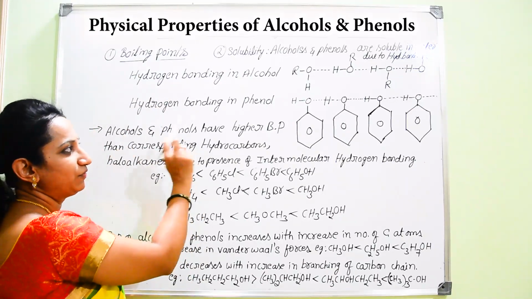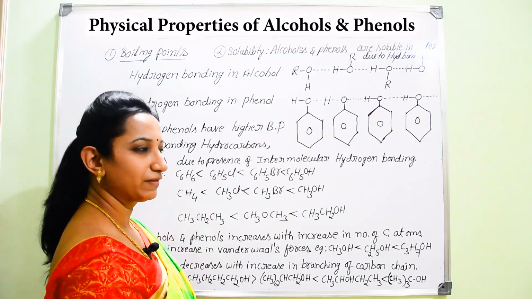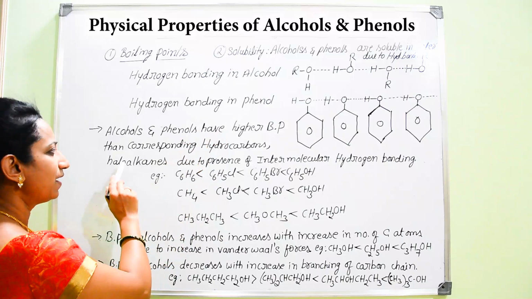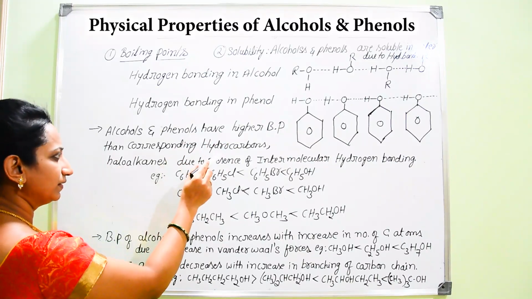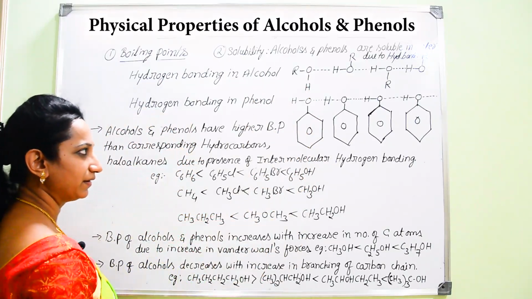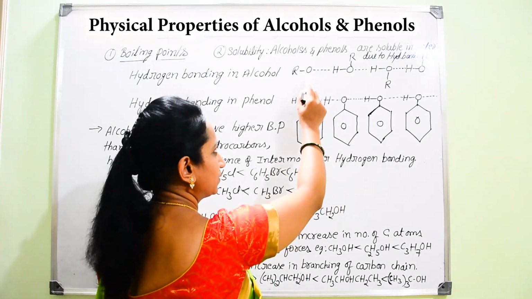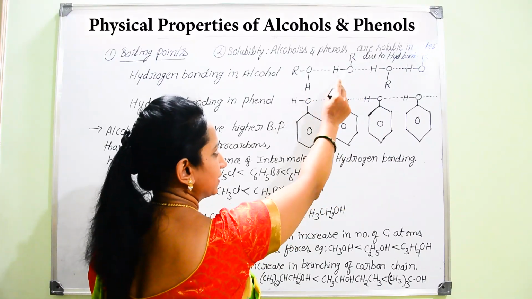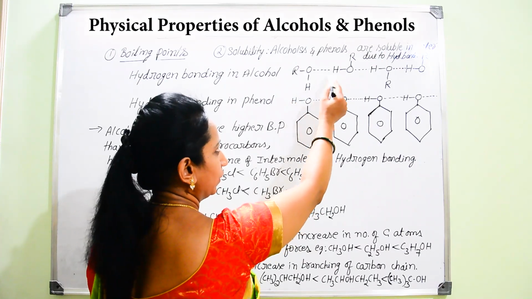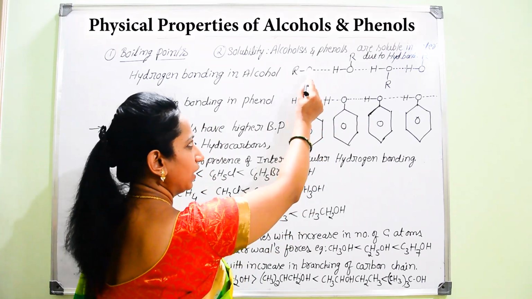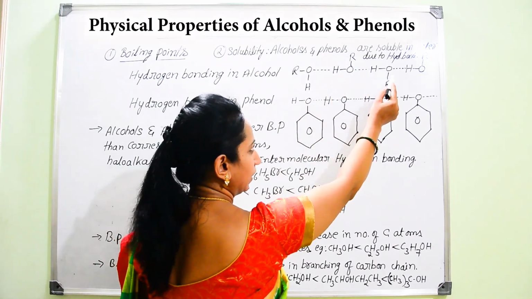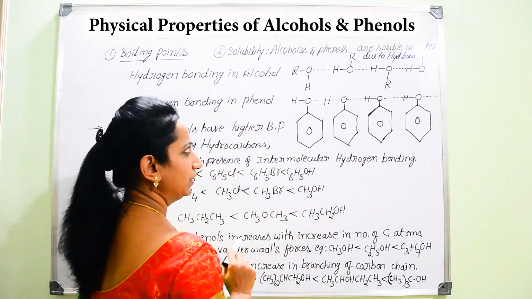Usually both alcohols and phenols have higher boiling points when compared to the corresponding hydrocarbons and haloalkanes. That is mainly due to the presence of intermolecular hydrogen bonding. As I have given in the structure, you can look into it. This is the first molecule of alcohol, ROH, second molecule of alcohol, ROH, another molecule ROH, and another molecule ROH.